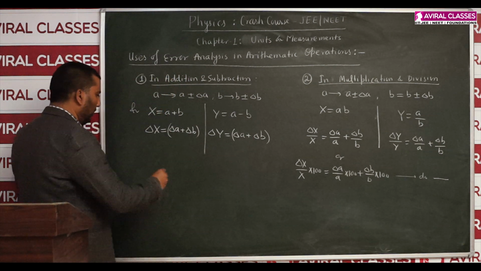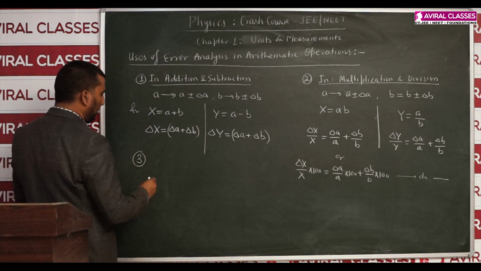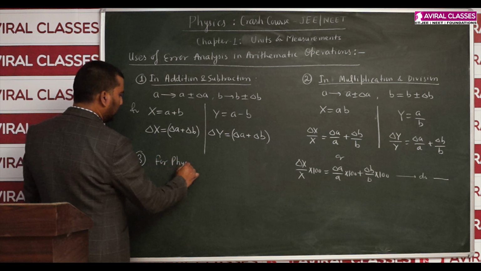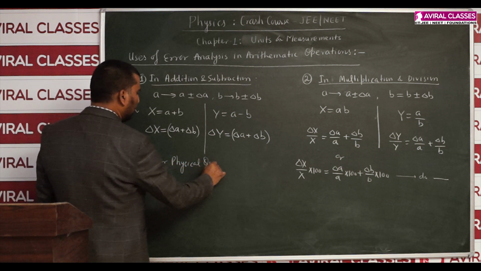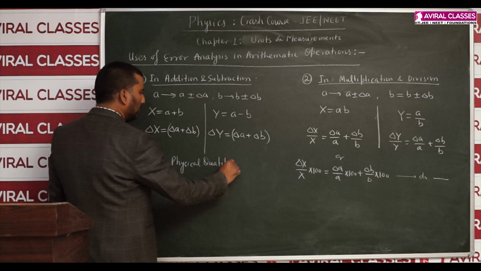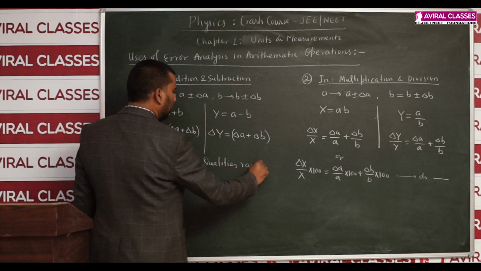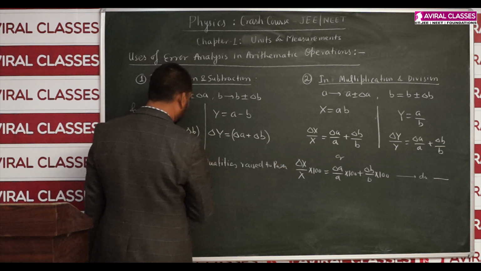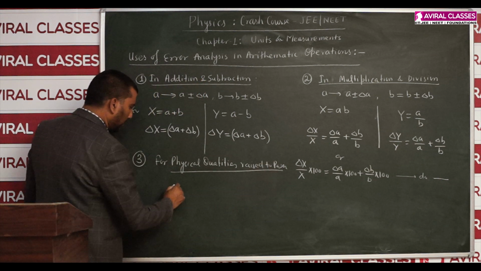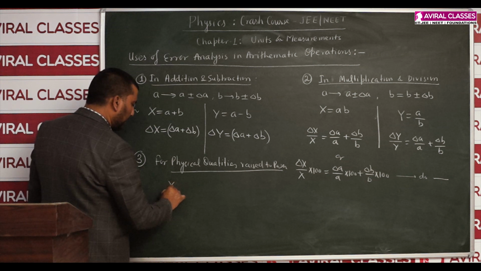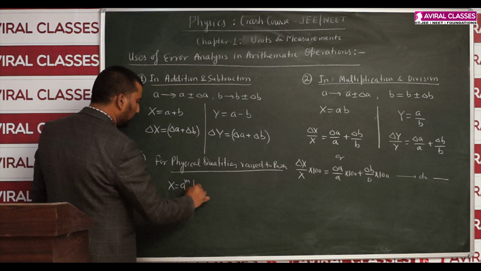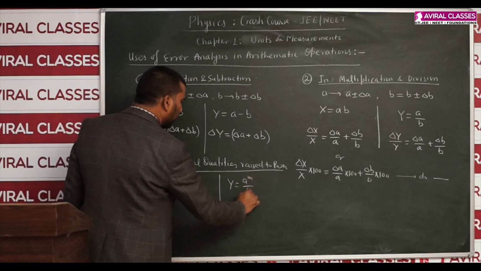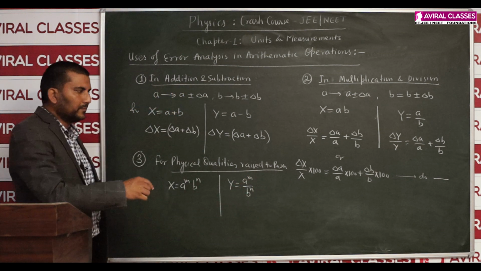Now, the third rule. For physical quantities raised to a power or quotient, let x equal a to the power m, b to the power n, and y equal a to the power m upon b to the power n.